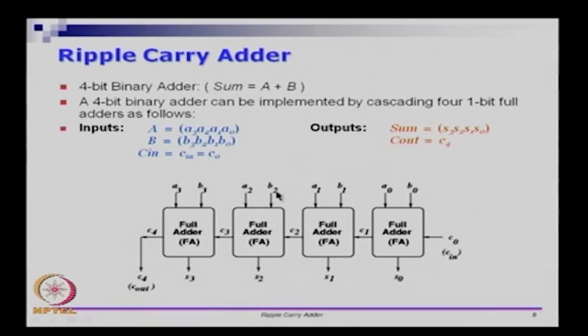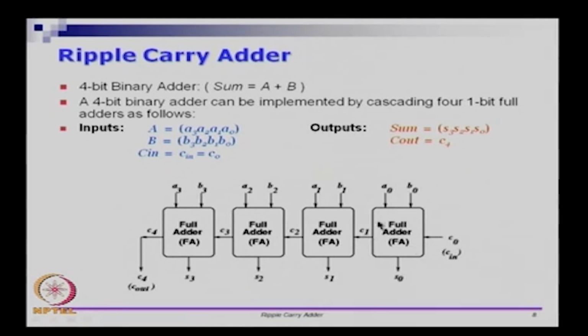Then A2 and B2 along with C2 will result in S2 and C3 and so on. So the key thing that you have to remember here is there is something called rippling of carry. So the carry that is generated from C1 may go and change the values for S1 and C2. C2 in turn may go and change the value for S2 and C3, which in turn may change the value of S3 and C4 and so on, right.